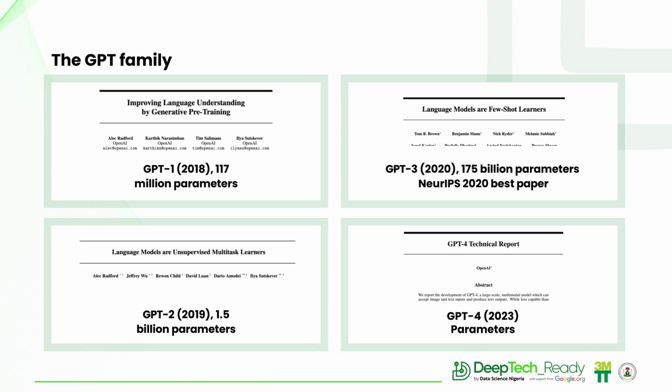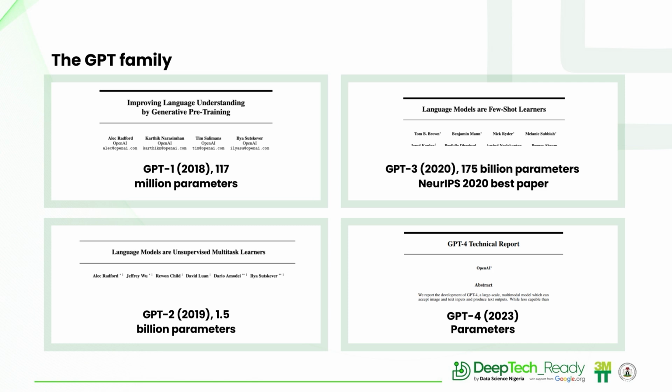GPT-2 was introduced in 2019 and expanded the scale with about 1.5 billion parameters. It demonstrated the power of scaling language models and achieved state-of-the-art performance across multiple tasks without task-specific training. It also brought attention to the potential and risks of AI text generation, sparking ethical discussions about its use.